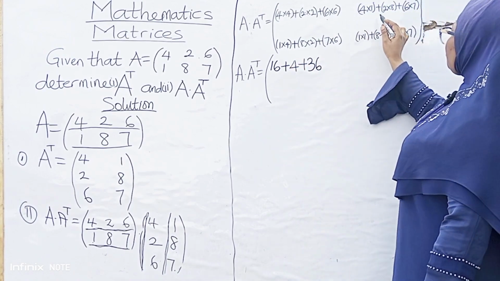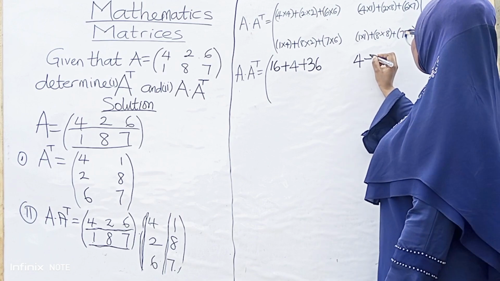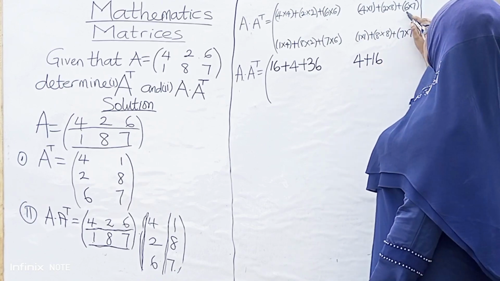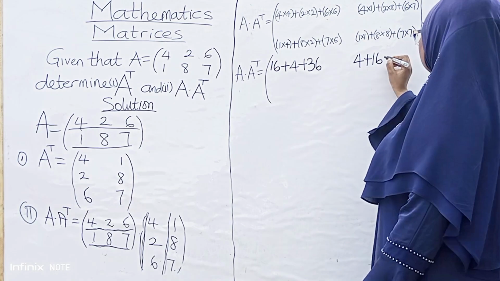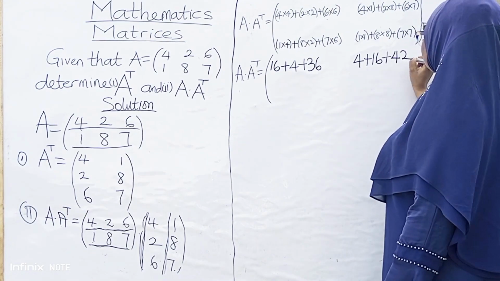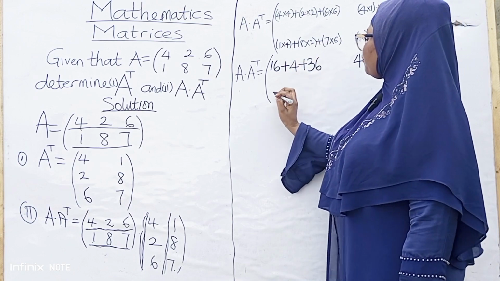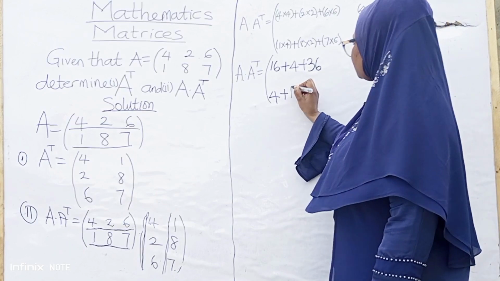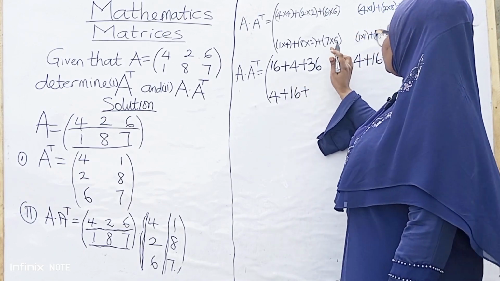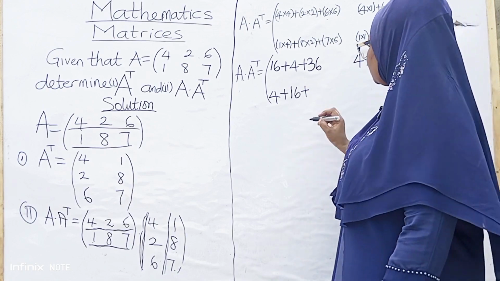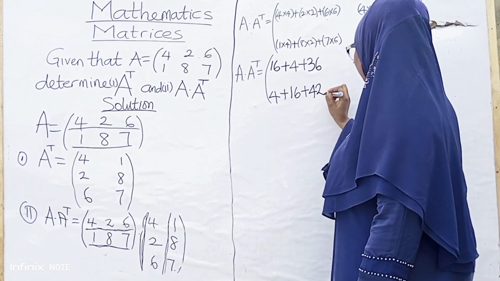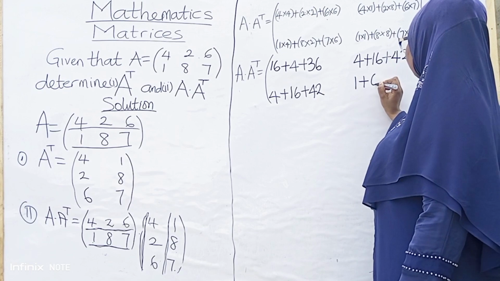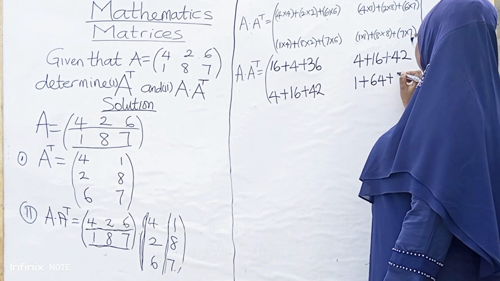Done with that one. 4 multiplied by 1 is 4, plus 2 multiplied by 8, that is 16, plus 6 multiplied by 7, that is 42. 1 multiplied by 4 is 4, plus 8 multiplied by 2 is 16, plus 7 multiplied by 6, that is 42. 1 multiplied by 1 is 1, plus 8 multiplied by 8 is 64, plus 7 multiplied by 7 is 49.